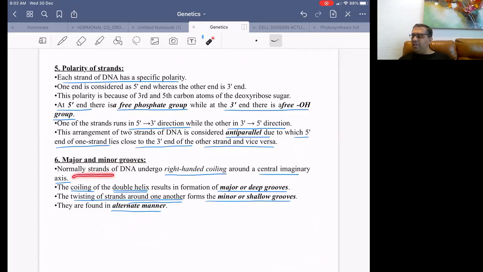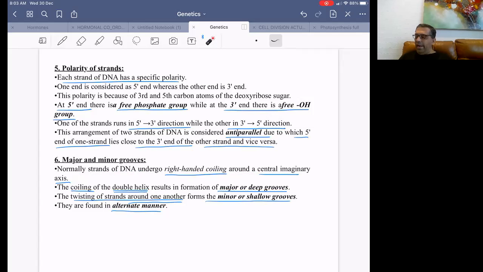The DNA strands are right-handed coiling around a central imaginary axis. So ये है imaginary axis, ये है मेरा right hand, और ये ऐसे राइट हैंडेड कॉइलिंग होता है अराउंड द इमेजिनरी सेंट्रल एक्सिस.